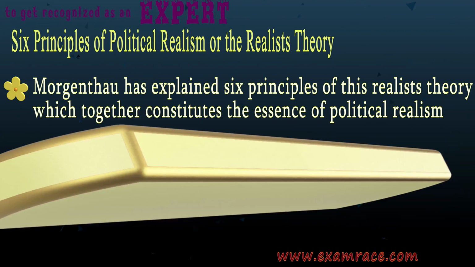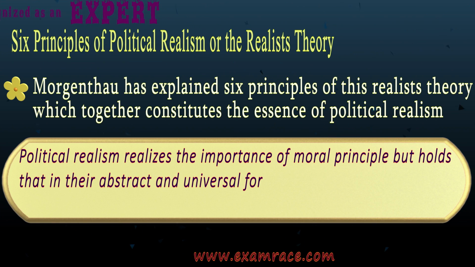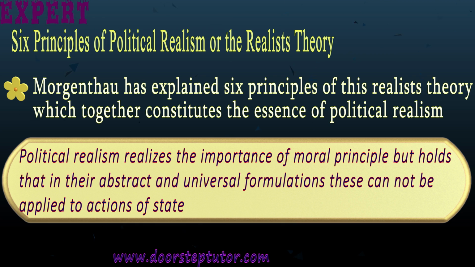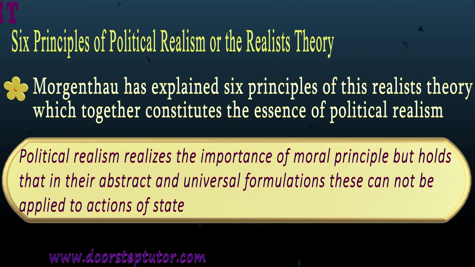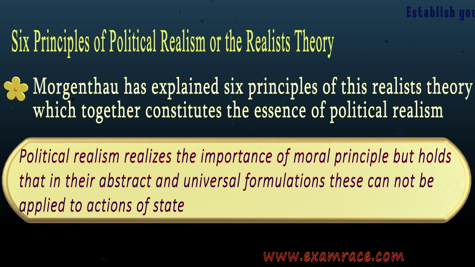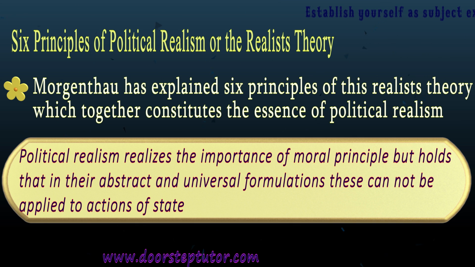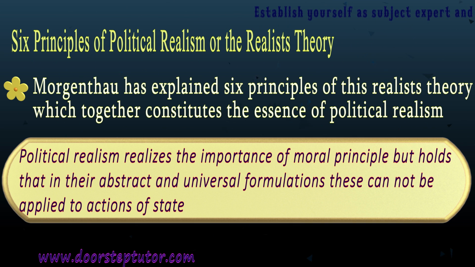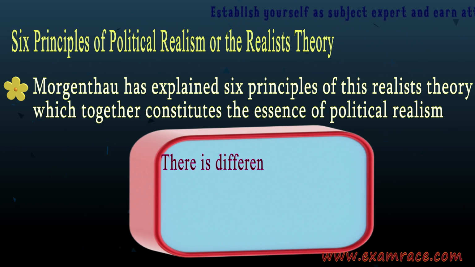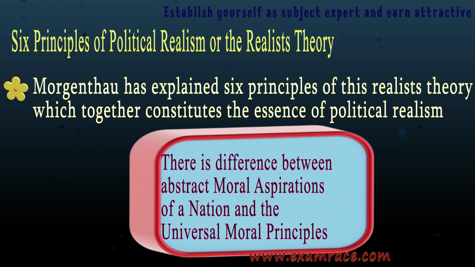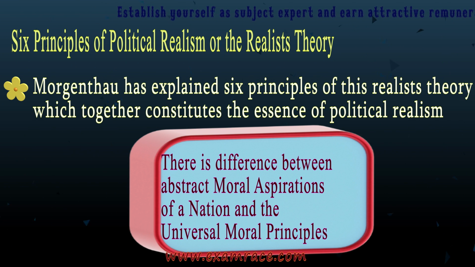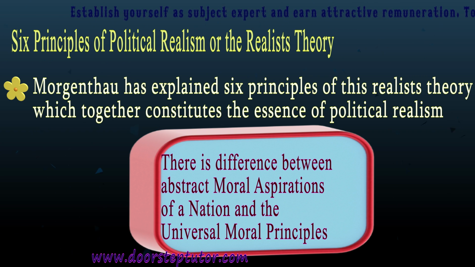The fourth one is that it realizes the importance of moral principle, but it also asserts that there is a difference between the abstract and universal formulations, and these cannot be applied to actions of state. There is a difference between abstract moral aspirations of a nation and universal moral principles.